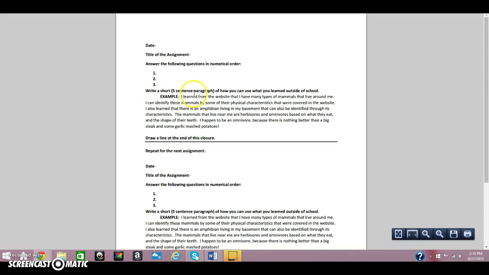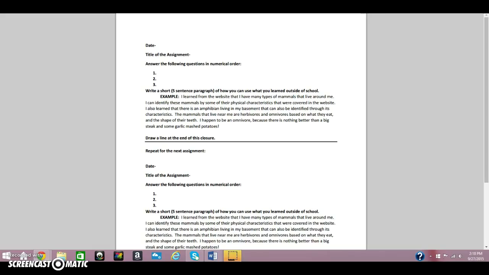So write a short 5-sentence paragraph of how you can use what you learned outside of school. So for this one, we would be talking about density, and we would be talking about the different elements.